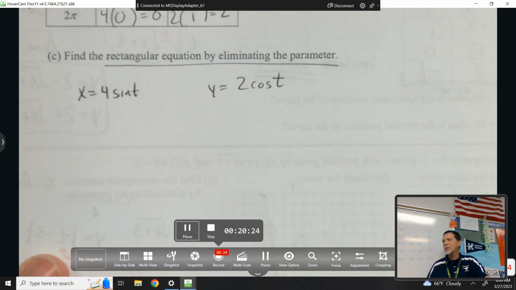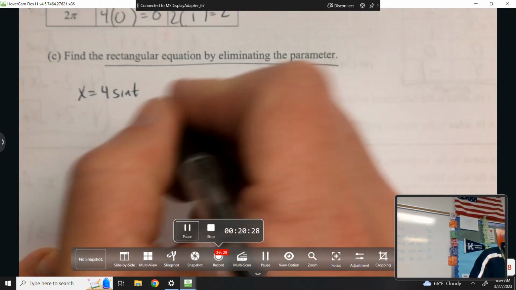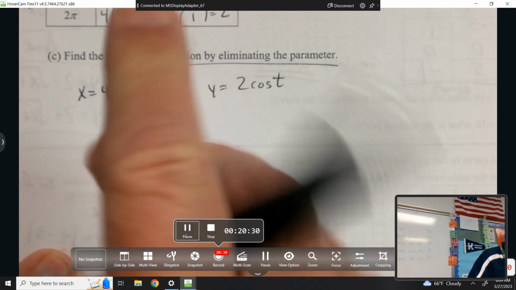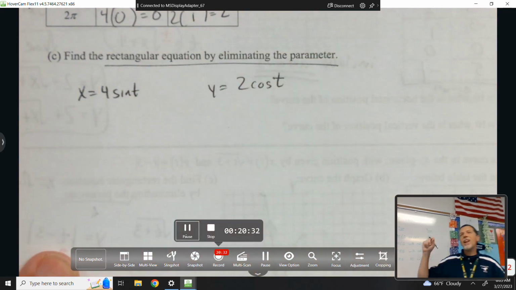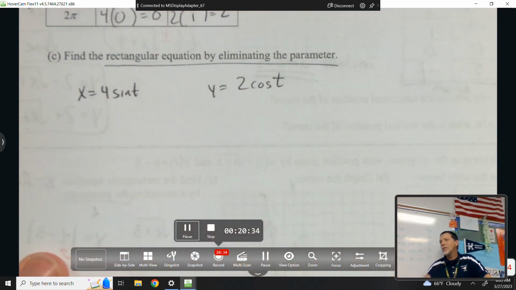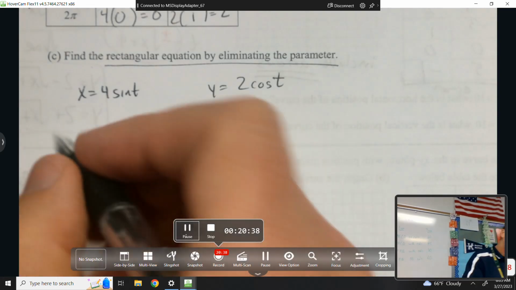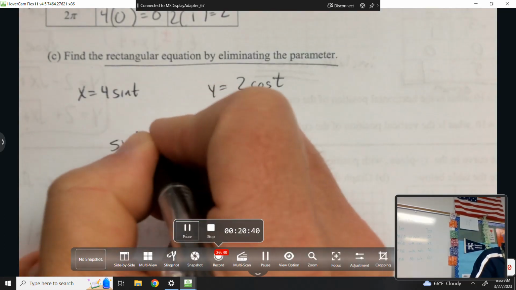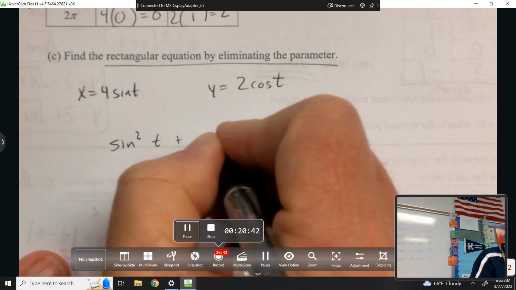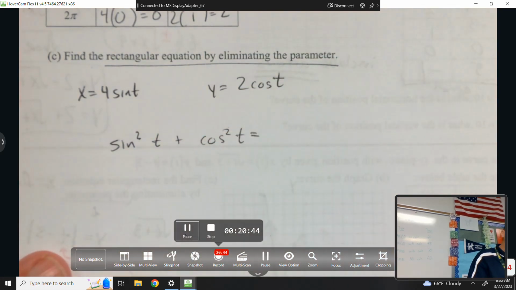Like, this is going to be a mess. So there's a trick to this one. If sine and cosine show up, do you remember an equation that has sine and cosine in it that's always true? Sine squared plus cosine squared equals 1.